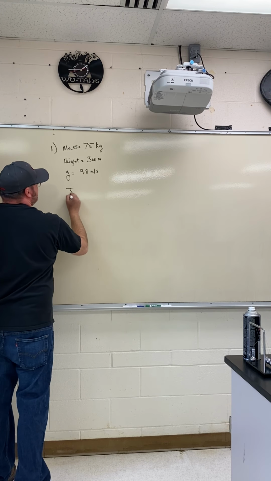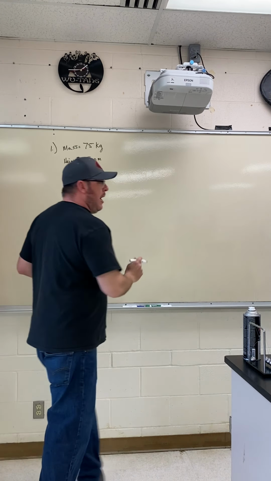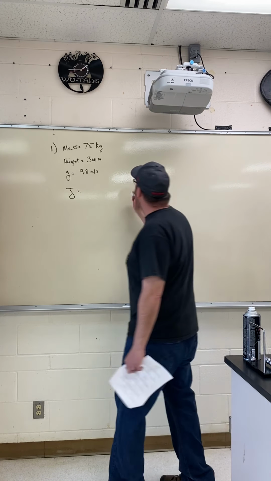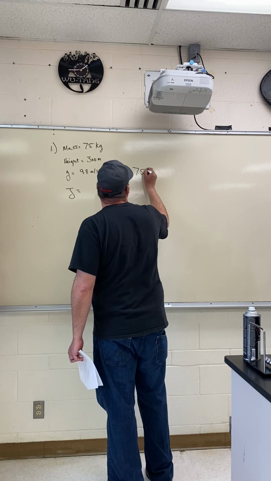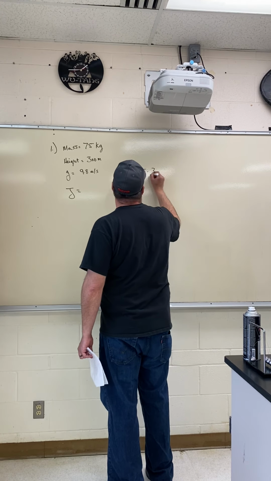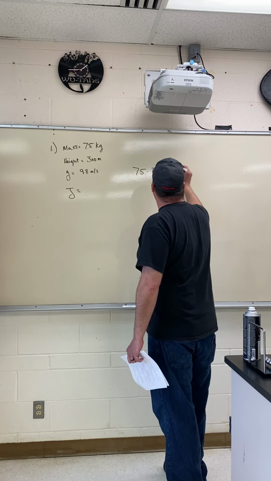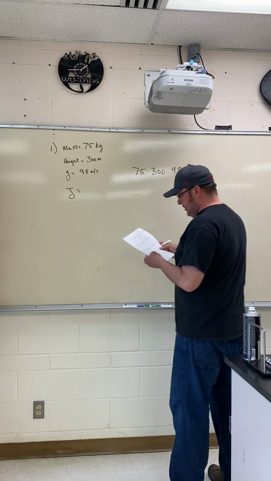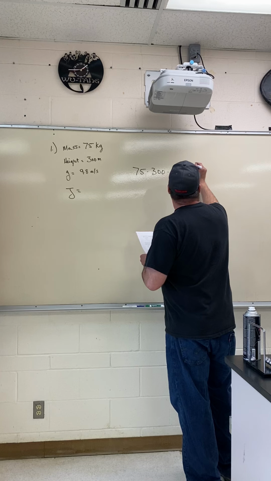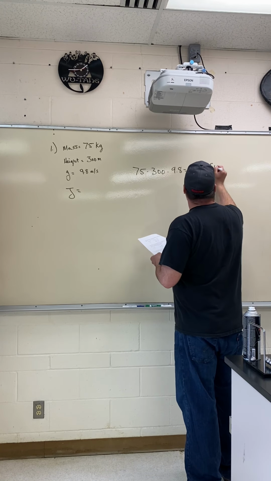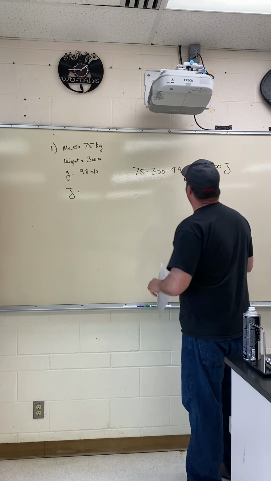But we don't know joules. So in this problem, we're just solving directly for joules. So mass times gravity times height. So I'm going to have 75 times 300 times 9.8. And my answer on this one will come out to 220,500 joules, just like that.